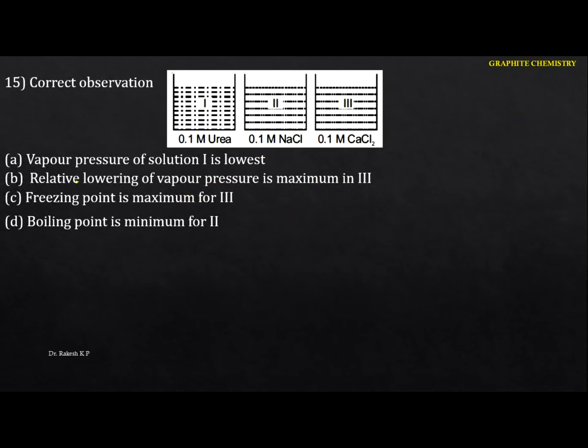The correct observations. Let me take the first one here: urea, concentration 0.1 molar. Second, NaCl, concentration 0.1 molar. Third, calcium chloride, concentration 0.1 molar.